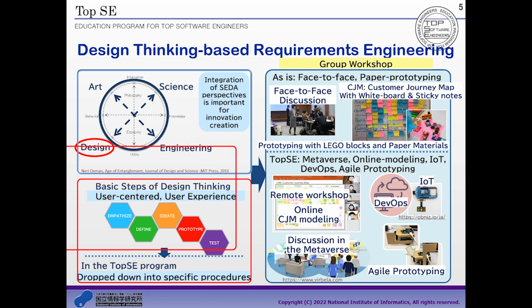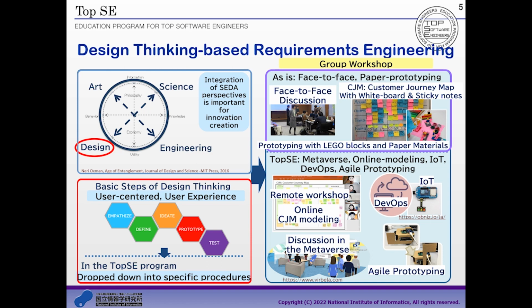The hexagonal figure in the lower left of the slide shows the basic steps of design thinking. These steps are dropped into specific procedures in the lecture, and participants will continue to improve by experiencing them in a group workshop format.